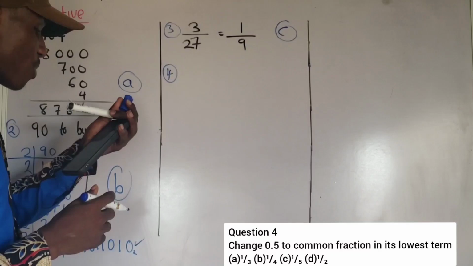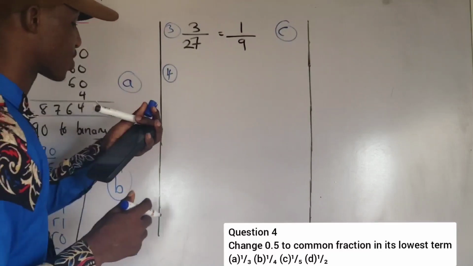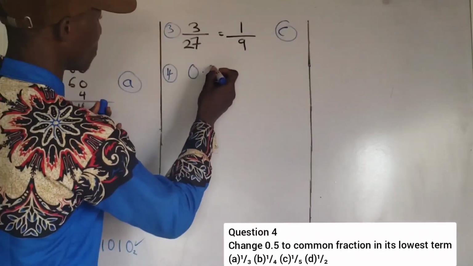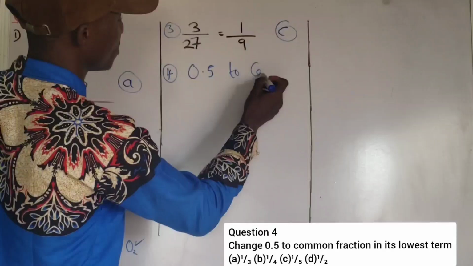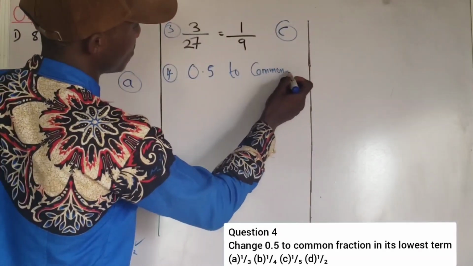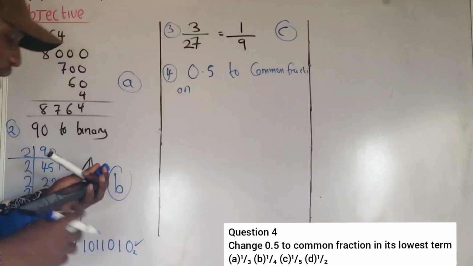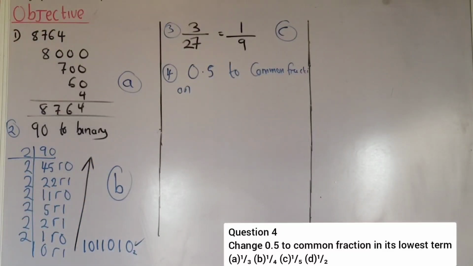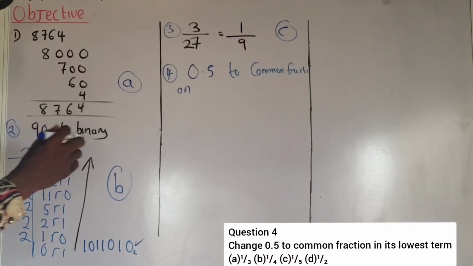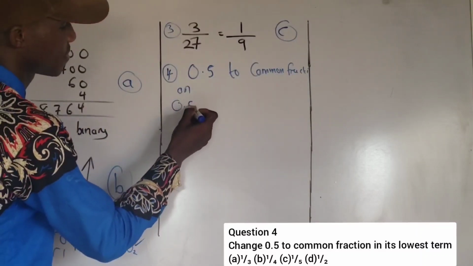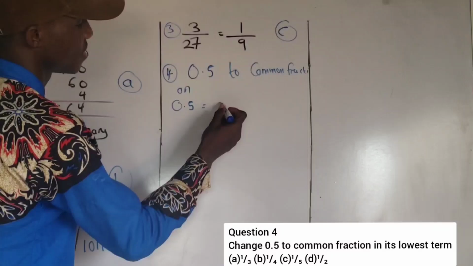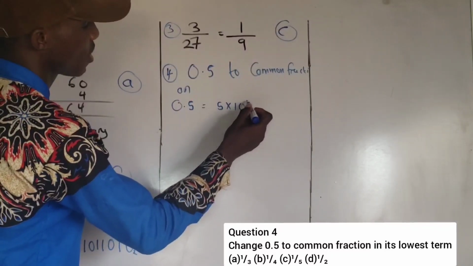Change 0.5 to a common fraction in its lowest term. Now I want you to pay attention. 0.5 can be written as 5 times 10 raised to the power of negative 1.